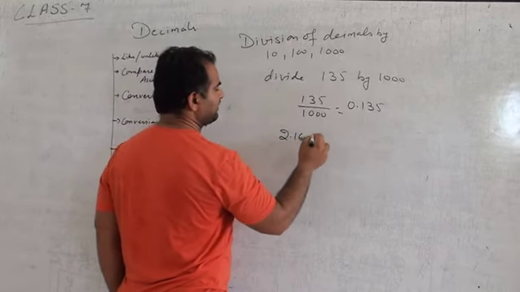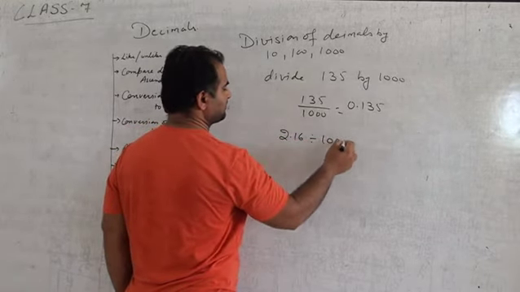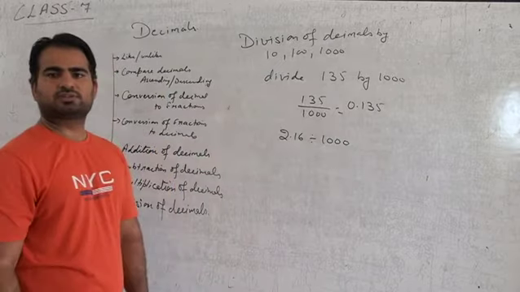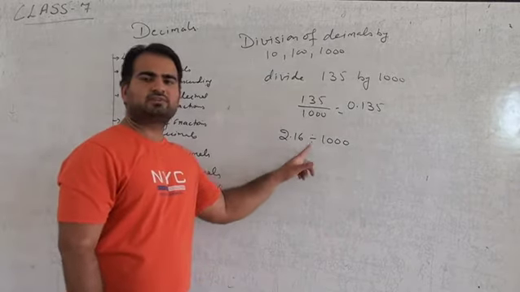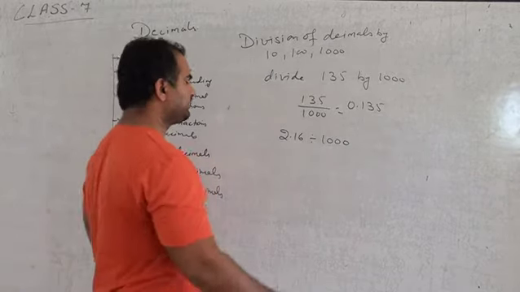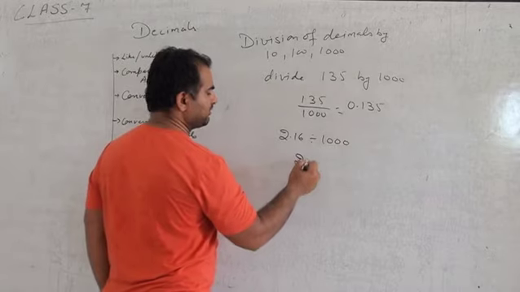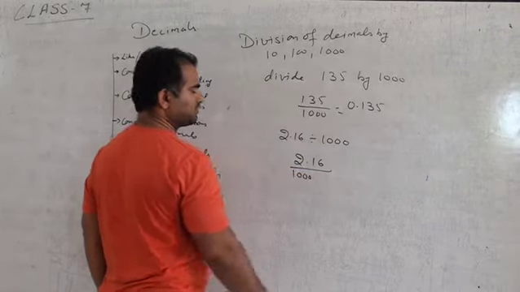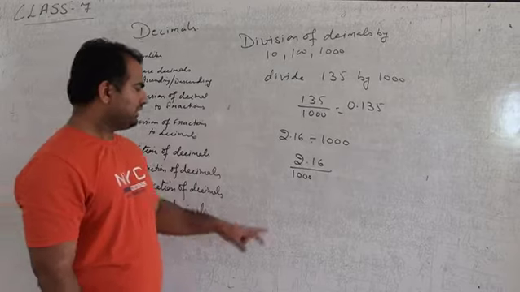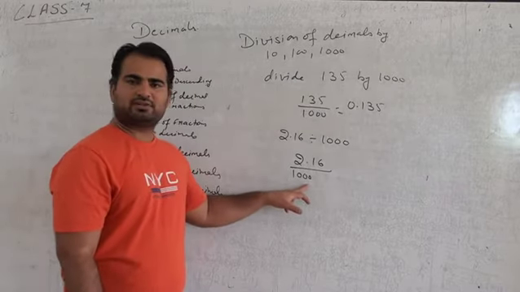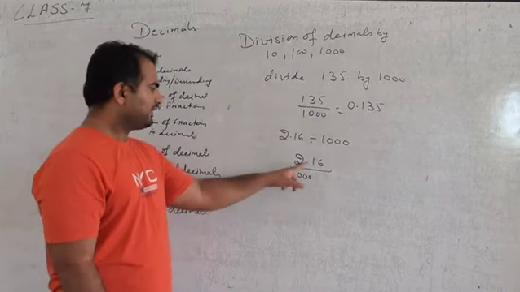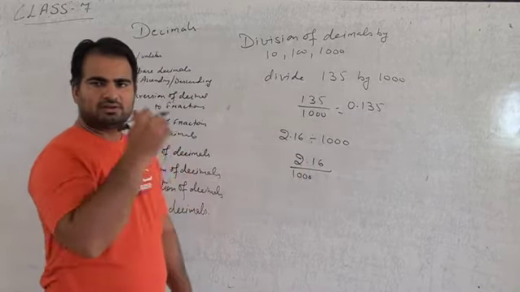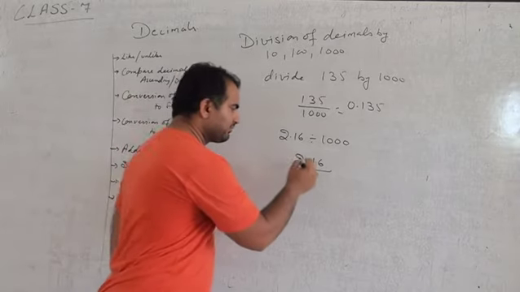2.16 divided by 1000? The question is 2.16 divided by 1000. Okay. It already had 1000 in the denominator, but when we remove the decimal, 2 more zeros will be there.